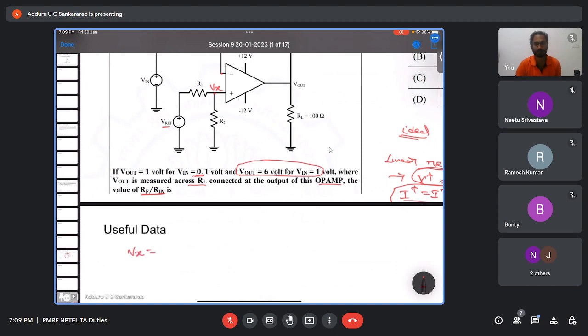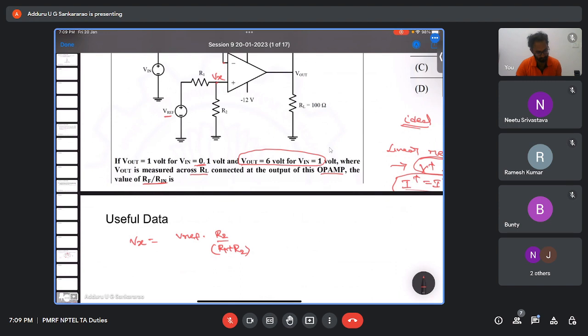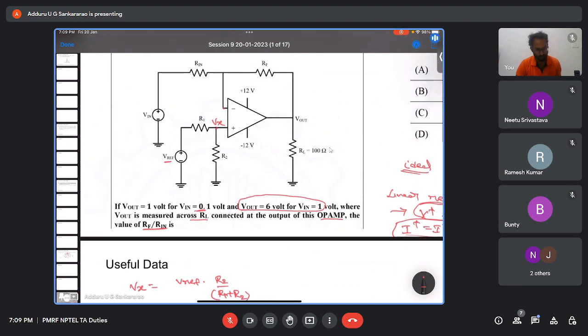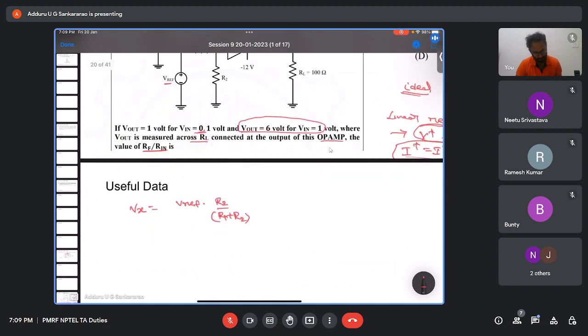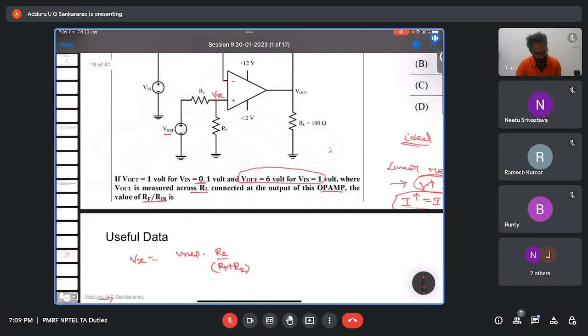Vx equals V reference into R2 by R1 plus R2. This is Vx. Now we can apply the superposition theorem. First we consider one source at a time. So first consider the inverting one.